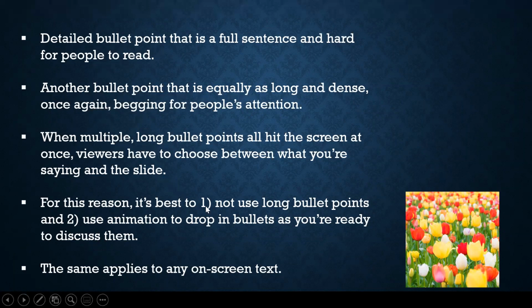That's why it's best not to use long bullet points, and to use animation to drop them in as you're ready to discuss them. This applies to anything that goes on your screen. You want to think about what you have to have on the screen to support what you're saying at what time, so that you can organize the information and then have it animated to support what you're saying.